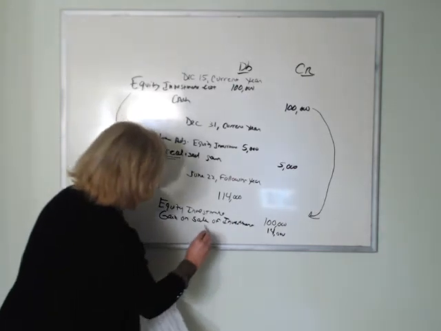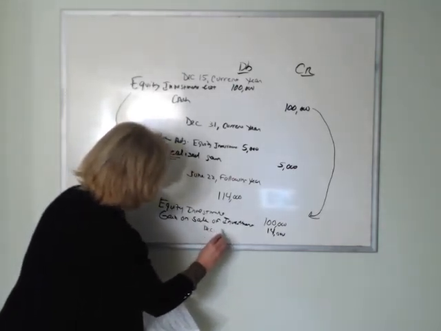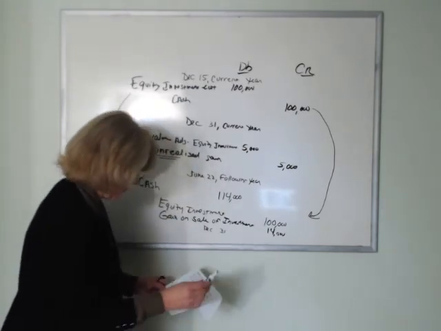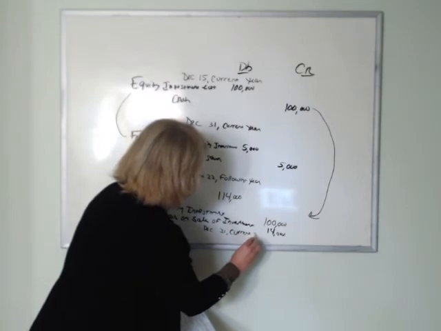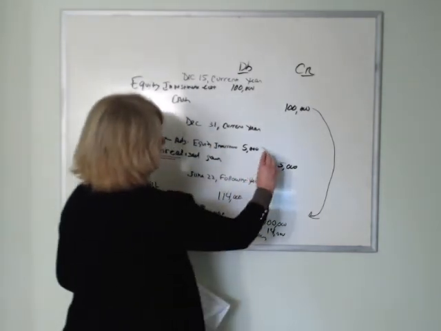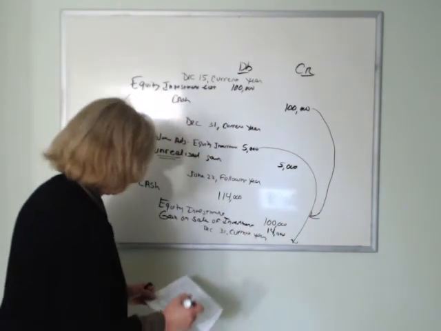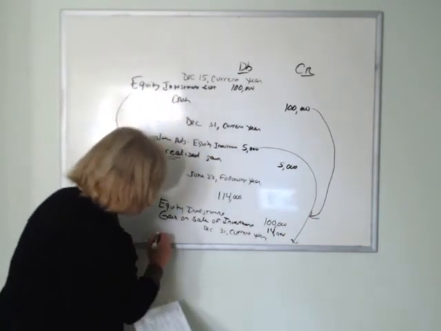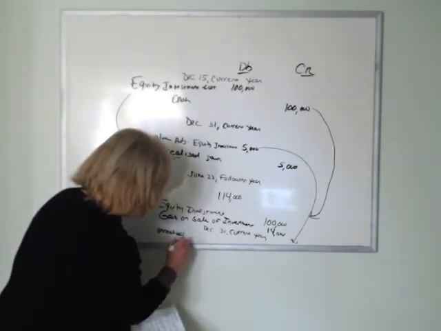Okay? All right. So now what we're going to do is we're going to reverse out at the end of the year. So this is December 31st of the current year. Watch this.